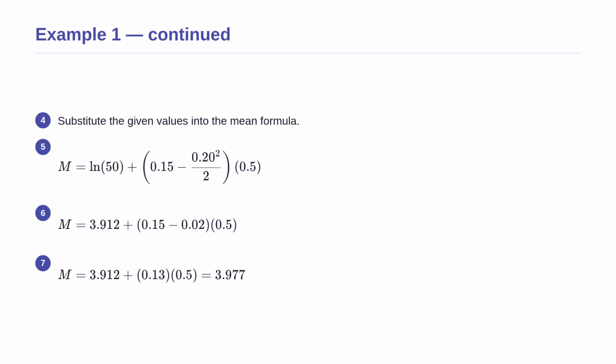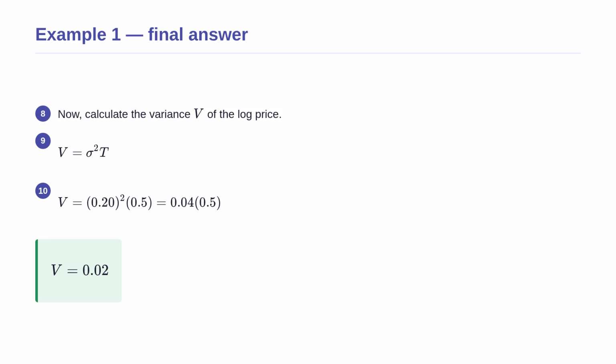We subtract this drag from the expected return of 0.15, giving an adjusted growth rate of 13%. Multiplying this by half a year gives 0.065. To finish finding the mean, we add that 0.065 to the natural logarithm of 50, which gives a final mean of 3.977.